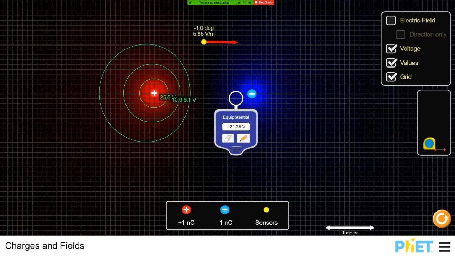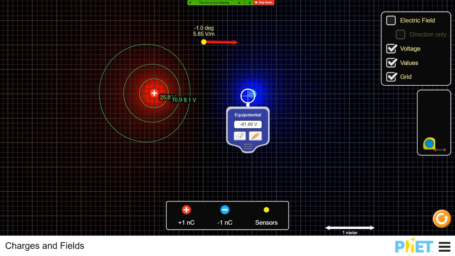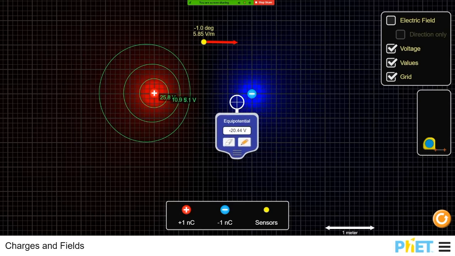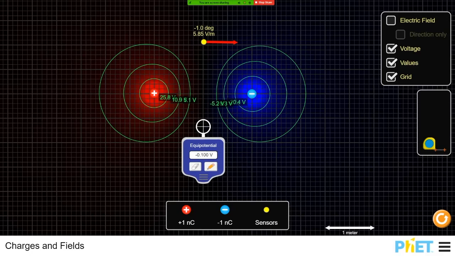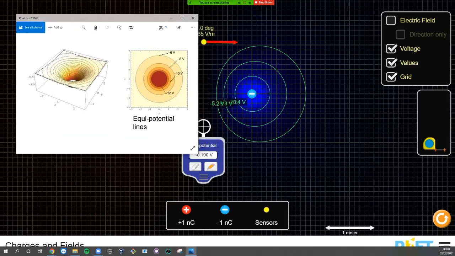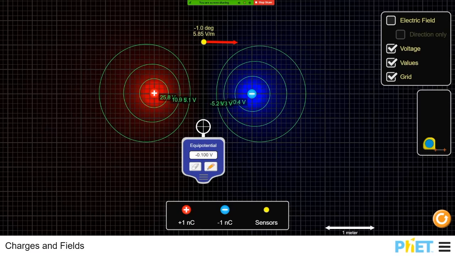As you get closer to the negative charge, you actually have negative voltage. And so the negative charges are more like valleys or holes in the ground in the same topographical analogy. The positive charges are more like mountain tops.